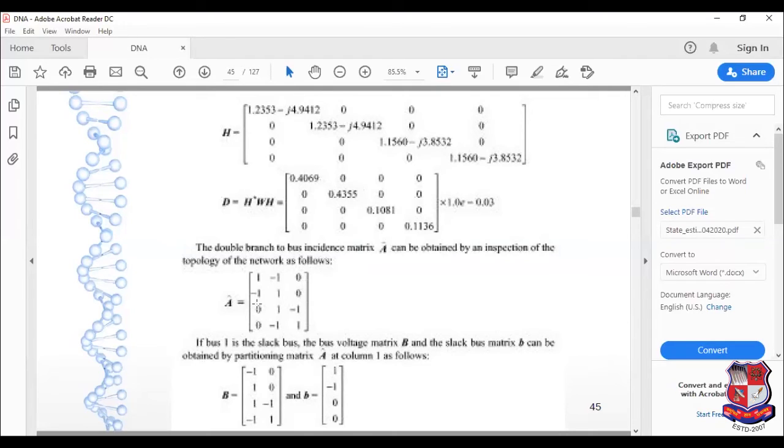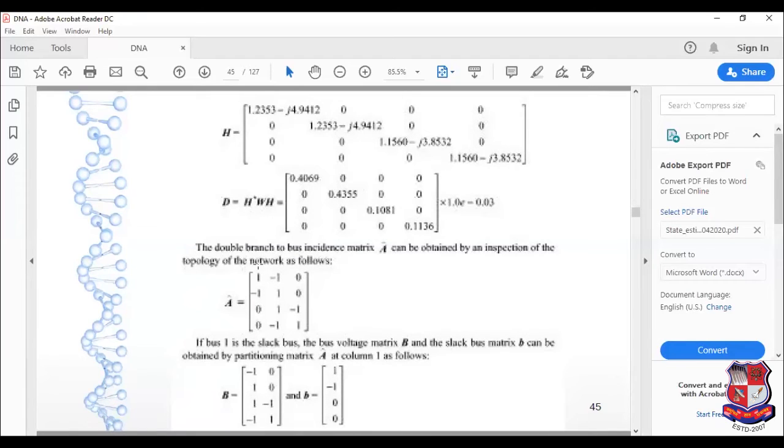Now this is my incidence matrix. How to determine the incidence matrix? The incidence matrix is the number of lines into the number of buses. We have 4 lines: from 1 to 2, 2 to 1, 2 to 3 and 3 to 2. So over here, bus number 1, bus number 2 and bus number 3.